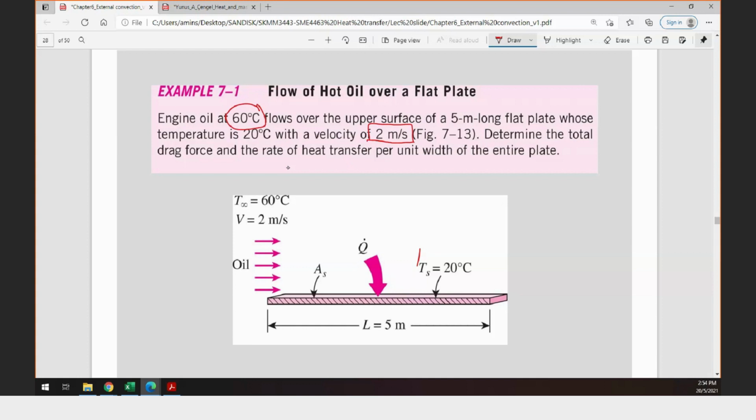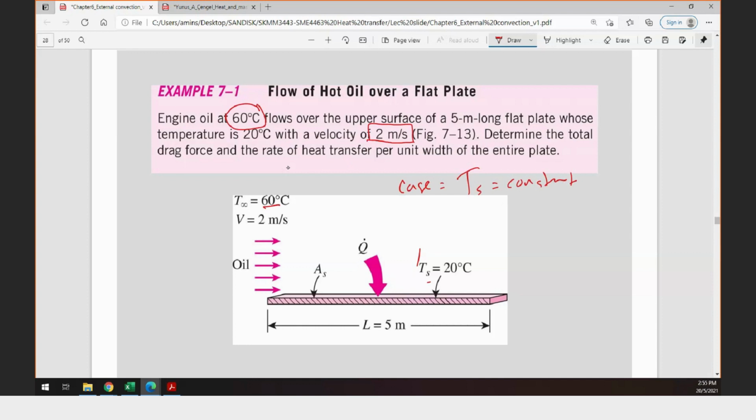The surface temperature of this surface is 20 degrees Celsius. So in this case, you can say that this is a constant Ts case, because the Ts value is given.